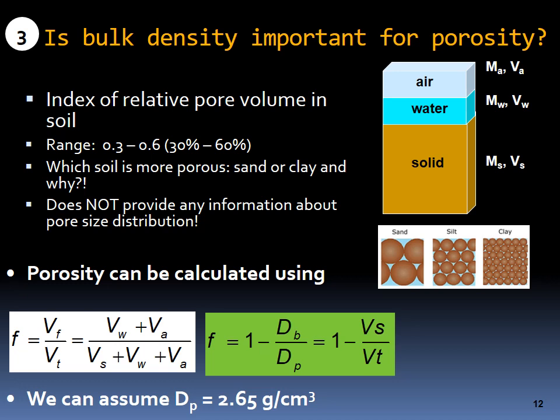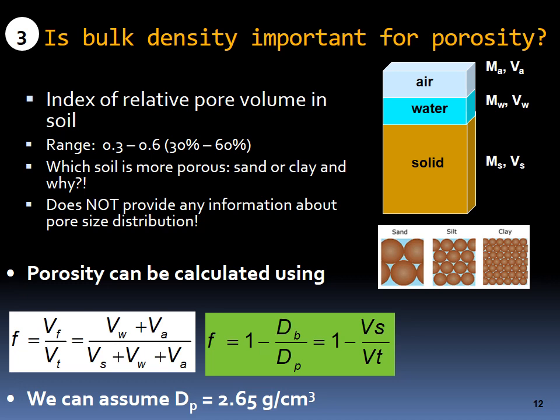Now, how can you calculate the porosity using an equation? Very easy. The porosity can be indicated as F, so it can be expressed as we said, it's the volume of the pore space divided by the total volume of the soil. And you know that the volume of the pore space only includes the volume of water and the volume of air, and the total volume is basically the summation of volume of solid, water, and air.